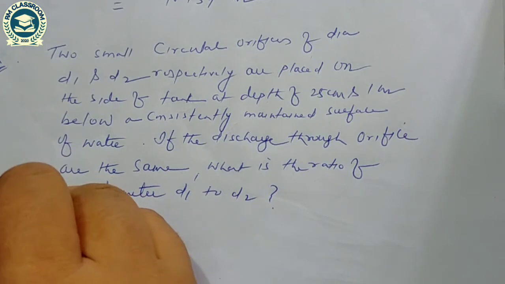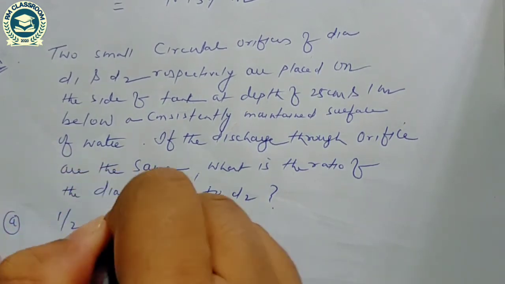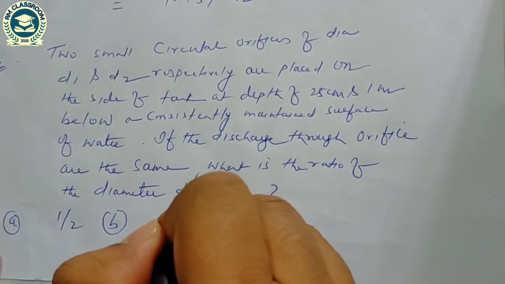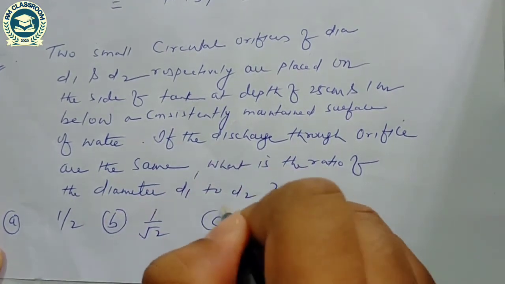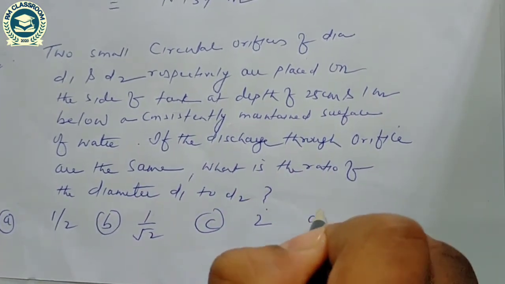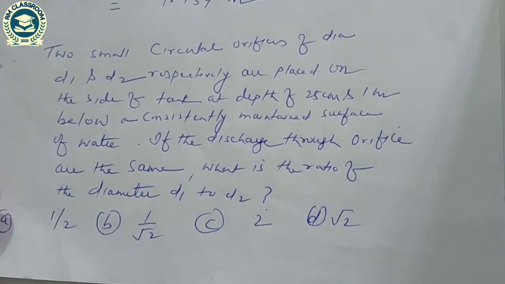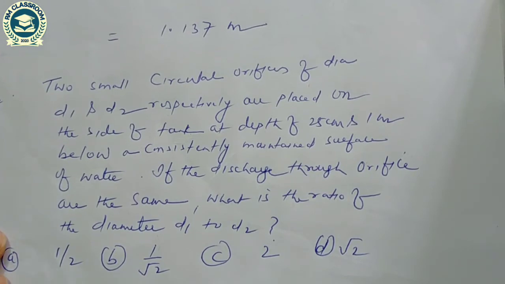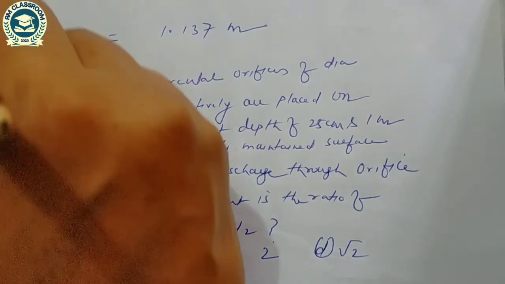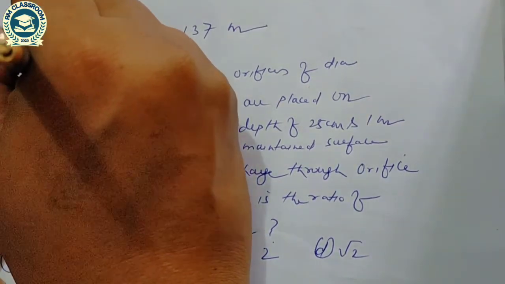Your options are option A 1 by 2, option B 1 by root 2, option C 2, and option D 2. So these are the question, and this question is asked in Civil Services Examination 2008.